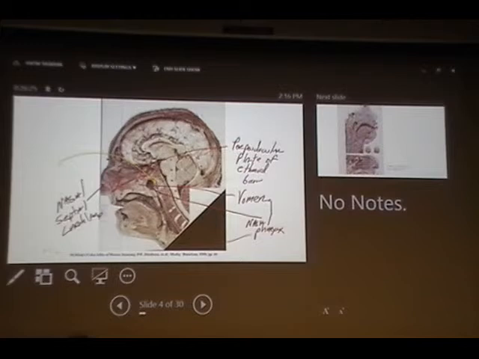Back there, the back of the pharynx. Any idea? Okay. Have you ever heard the term adenoid? Oh yeah. What is the adenoid? Yeah. Okay. What kind of tissue is it?